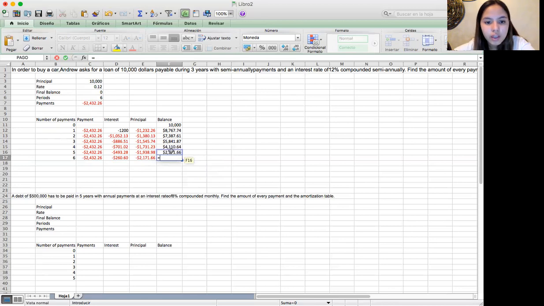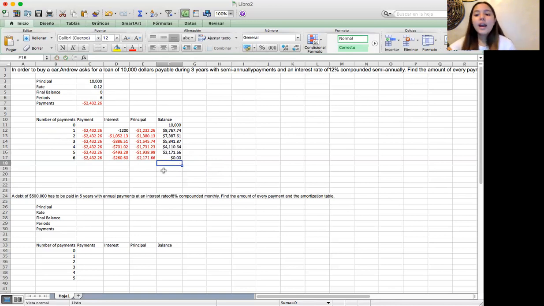So if we do balance plus principal, the answer needs to be 0, like here. And so this is correct. And this is how you can do the first exercise with the table of amortization.